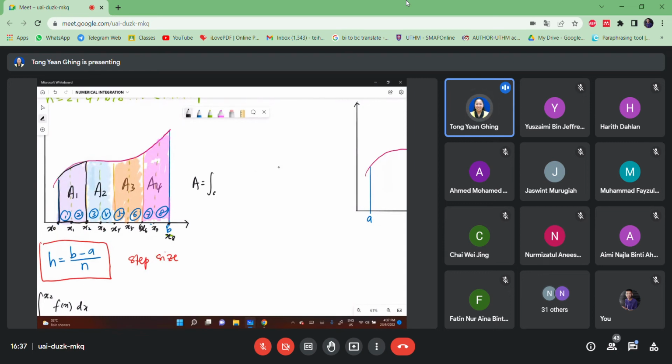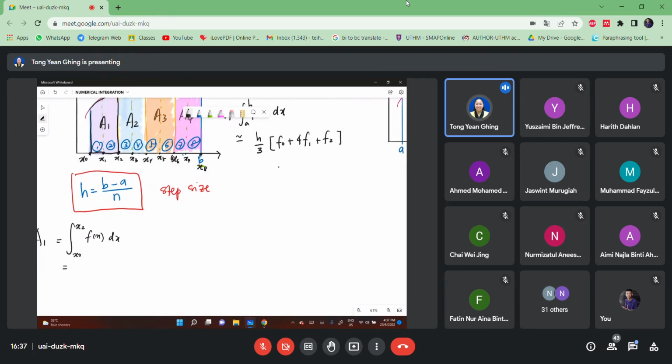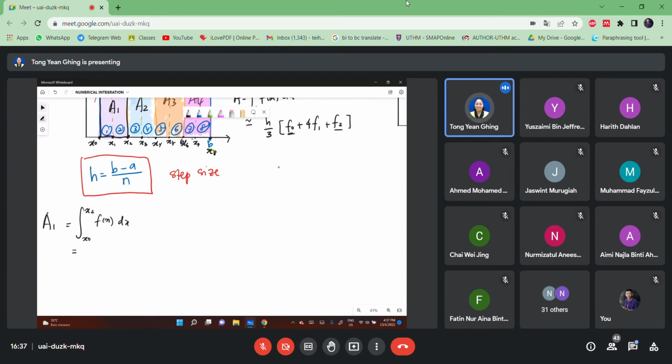When we have integral from A to B of f(x) dx, the approximation of the integration is H divided by 3, F0 plus 4 F1 plus F2, where F0 is the first one and F2 is the last one.